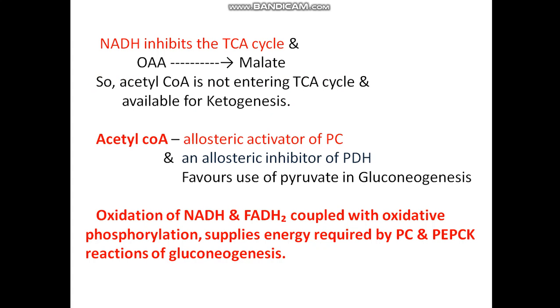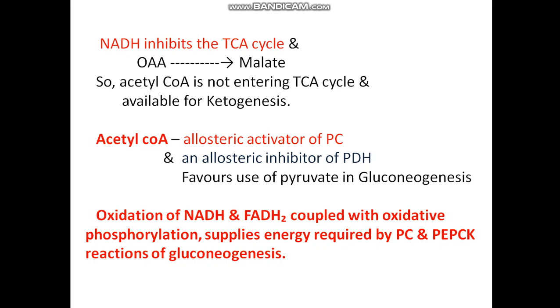You have read. Now this NADH inhibits the TCA cycle. Oxaloacetate is converted to malate, so acetyl coenzyme A is not entering the TCA cycle, and is now diverted for ketogenesis. And this acetyl coenzyme A is an allosteric activator of pyruvate carboxylase and an allosteric inhibitor of pyruvate dehydrogenase, and that way it favors the use of pyruvate in gluconeogenesis.